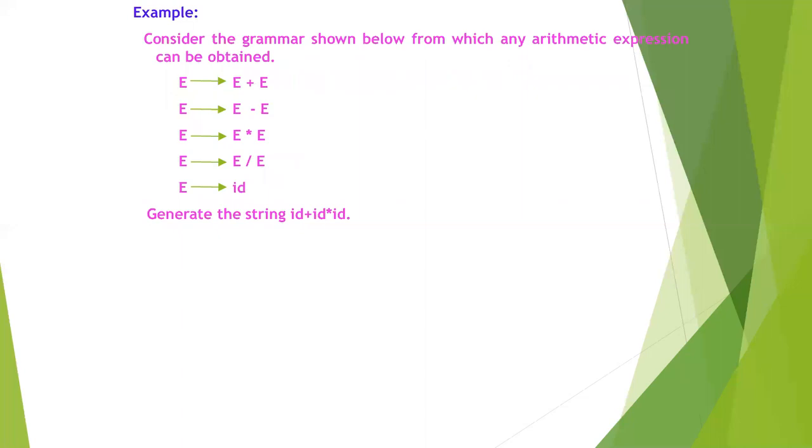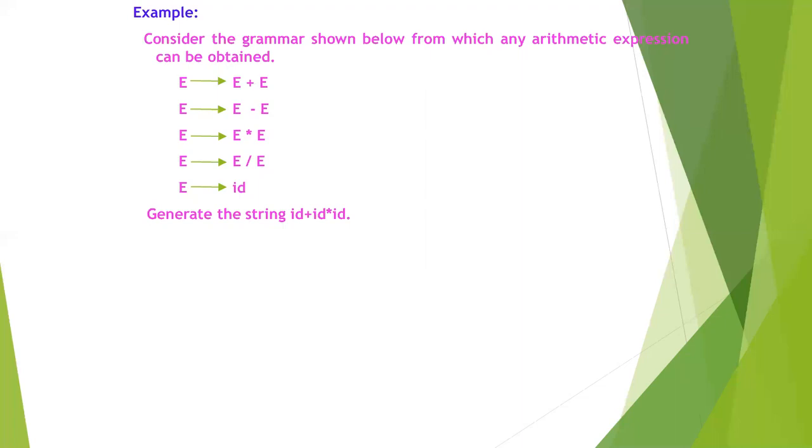Consider the grammar shown below from which any arithmetic expressions can be generated. E produces E plus E, E produces E minus E, E produces E star E, E produces E slash E, E produces id.